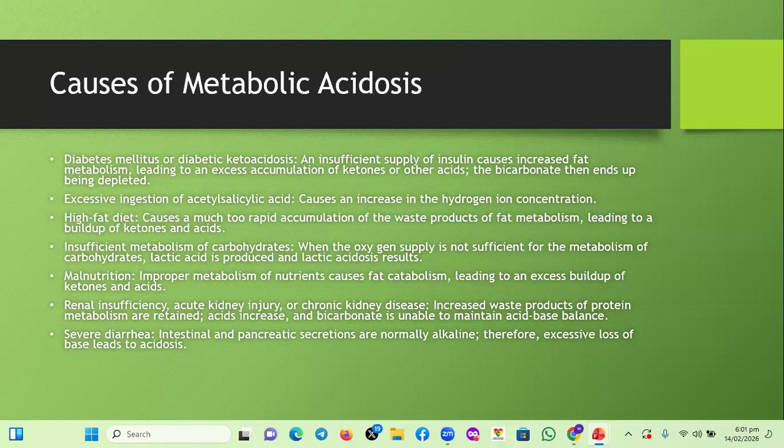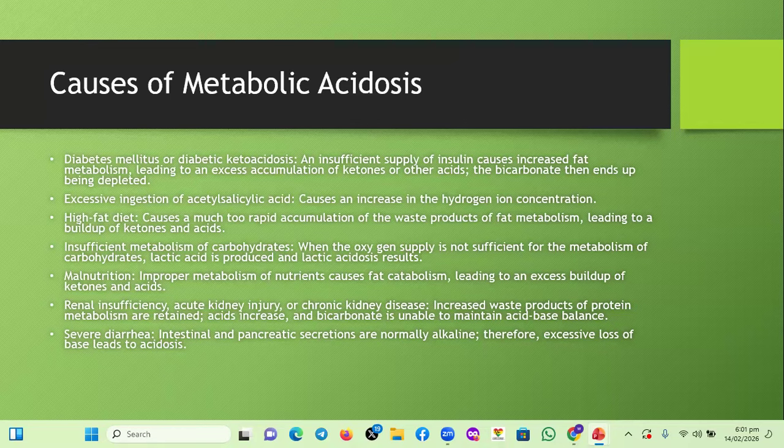If you have read before, they will say that if it is not vomiting, and it is coming from the rectum, the person will be losing more base from the feces or from the diarrhea, and then the system will become more acidotic in nature.